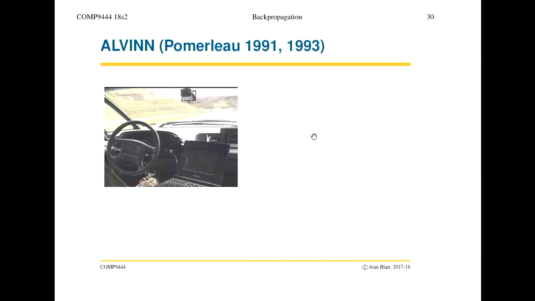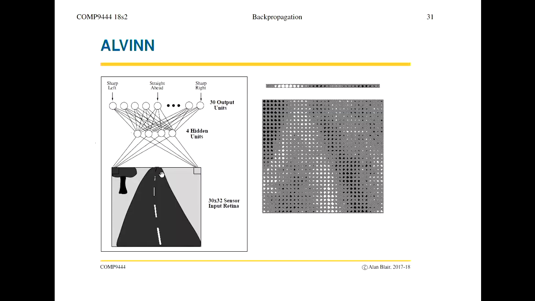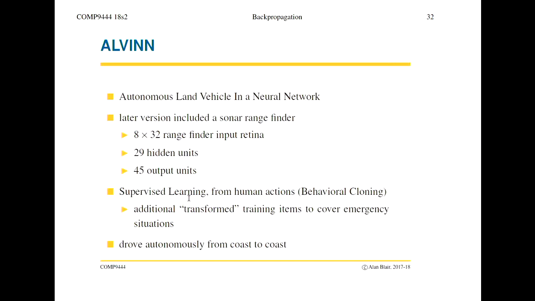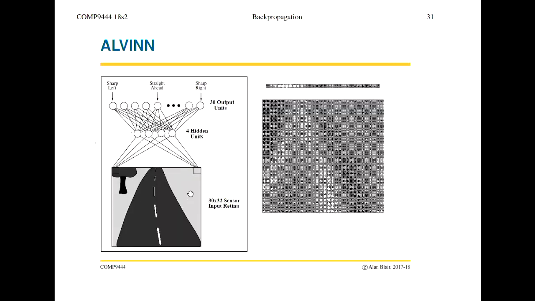In the early versions of the system that these guys used, they just had a camera mounted in front of the vehicle. They had what we would call an SUV now, because they needed the compute power.